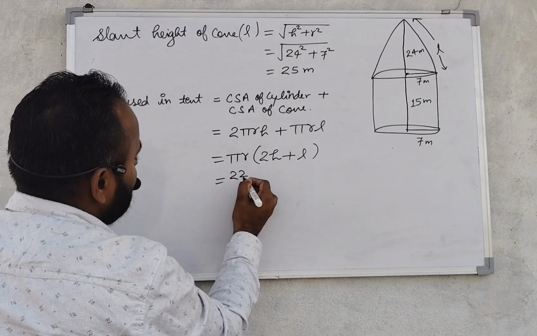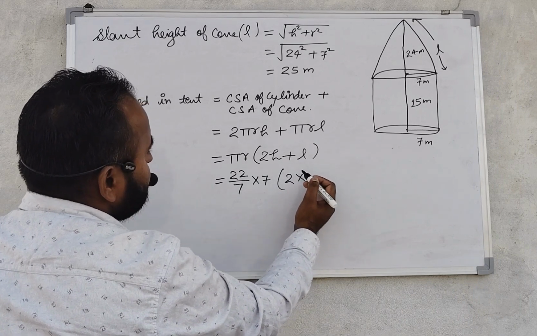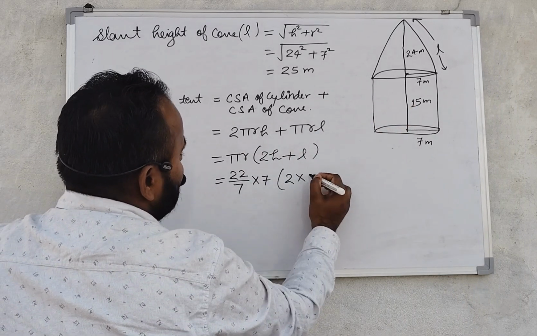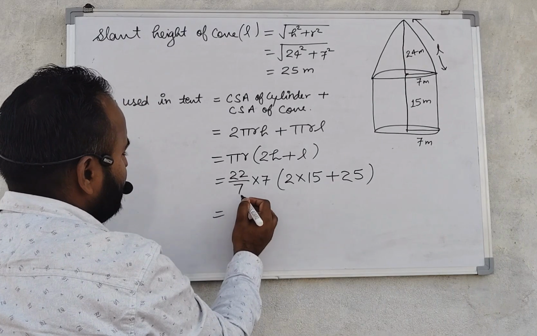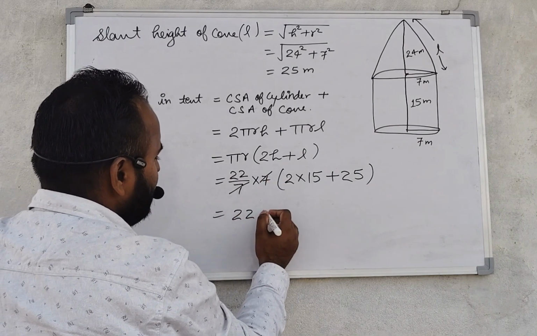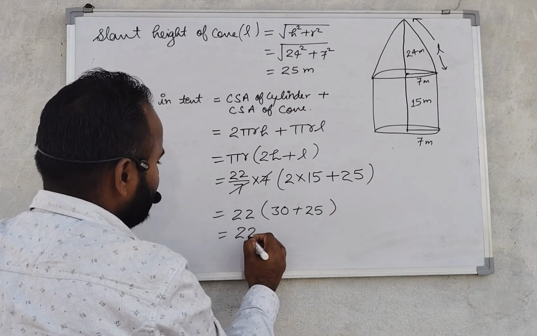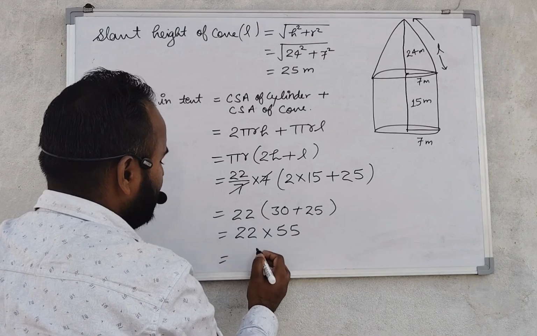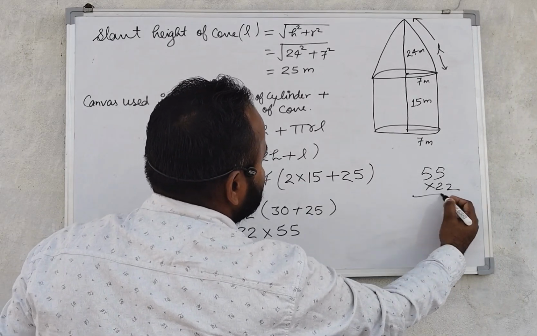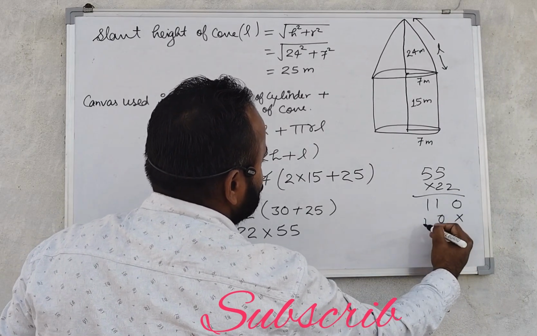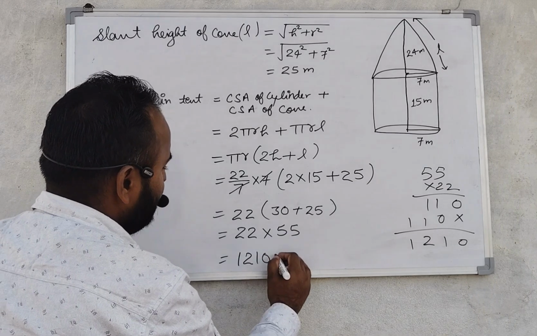Put the values: 22 upon 7 into 7 into (2 into 15 plus 25). The 7 cancels out, leaving 22 into (30 plus 25), which is 22 into 55, and the answer is 1210 meter square.